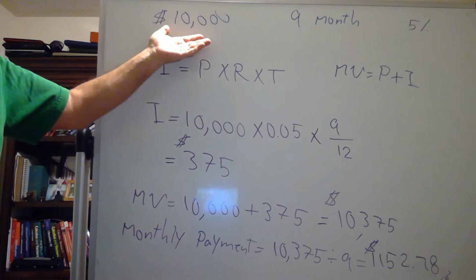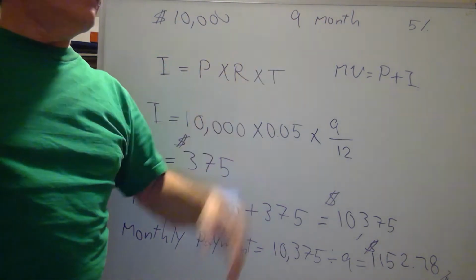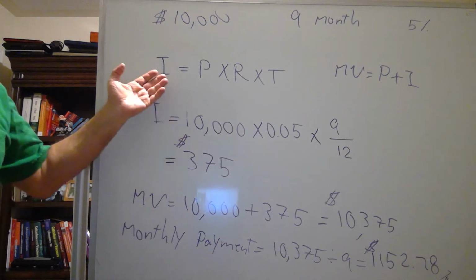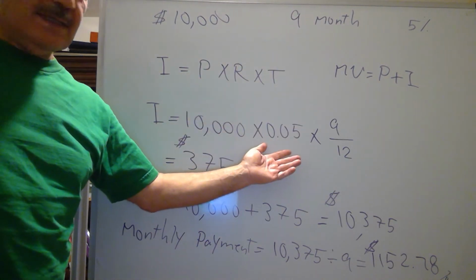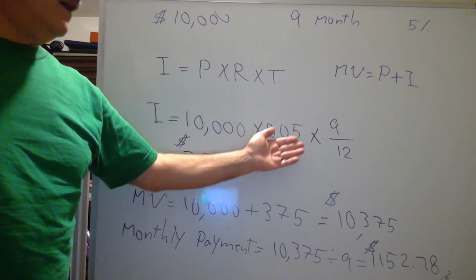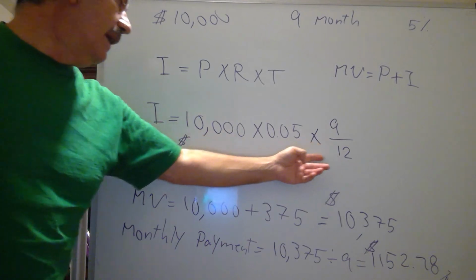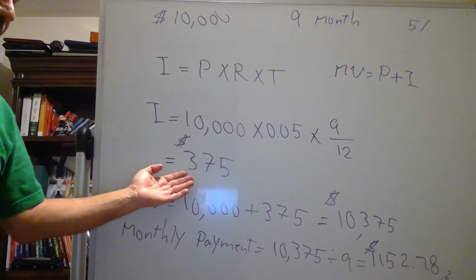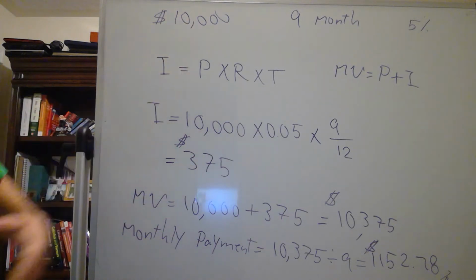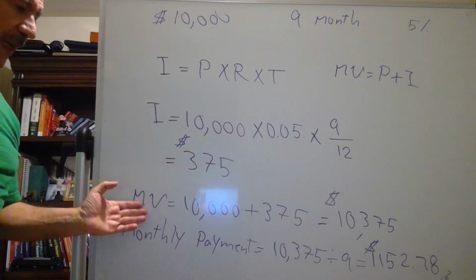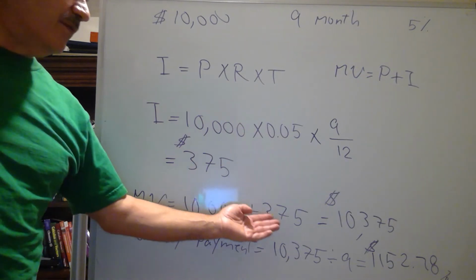If I borrow $10,000 for 9 months with the interest rate of 5%, how much is the interest? Principal is 10,000, rate is 5% or 0.05, and time is 9 months or 9 out of 12. After calculating, $375 is the interest. If the question asks how much is the maturity value, maturity value is the principal, or the original value, plus interest.